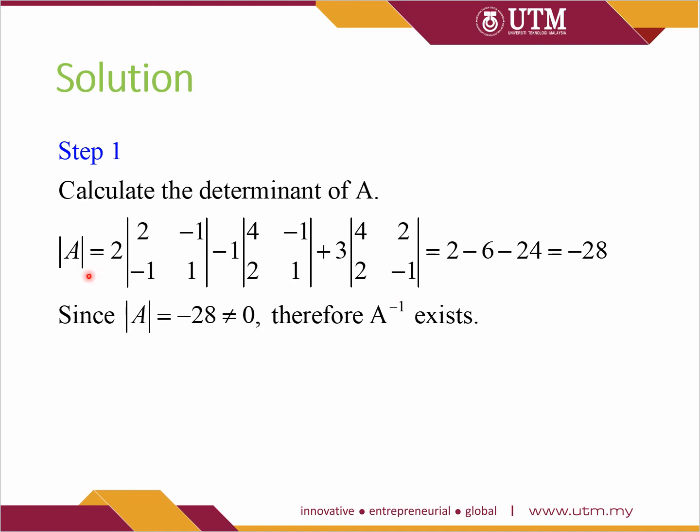So here our determinant is equal to -28, which is not equal to 0. Therefore, we can say that the inverse matrix of A exists. Since it exists, we can proceed with the next step.